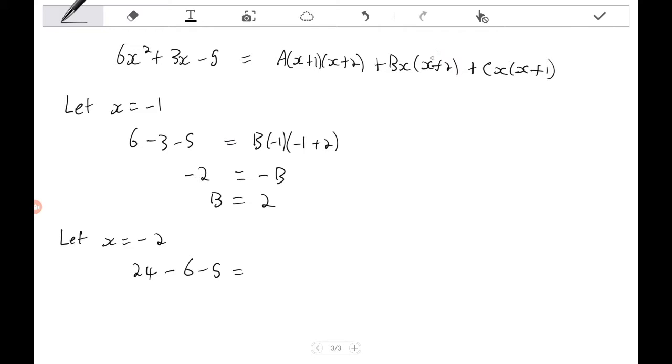This time this term becomes 0, and we get left with only the c term, which is c times minus 2 times minus 2, add 1. So we have 24 minus 6 is 18, minus 5 is 13. This time it's equal to minus 2 times minus 1, which is positive 2, times c. So c will equal 13 over 2.